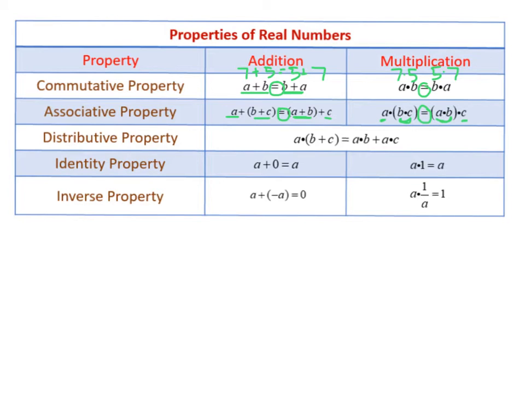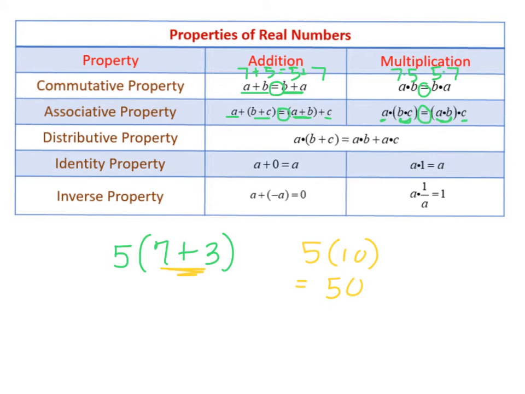The distributive property is the important one, the new one maybe for some of you. Distributive property says if we take something like 5 times (7 plus 3), order of operations would tell us to do inside the parentheses first. That would be 5 times 10, which would be 50.